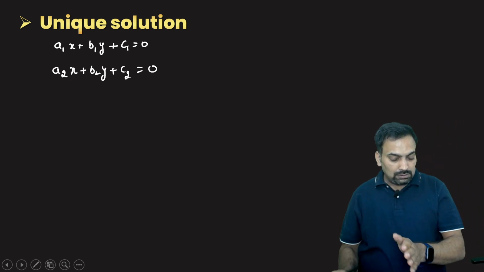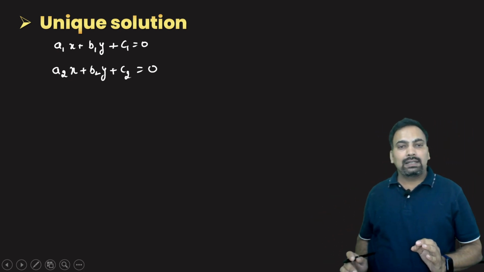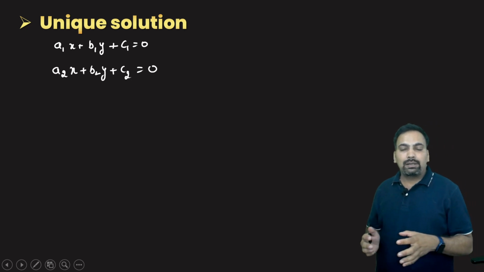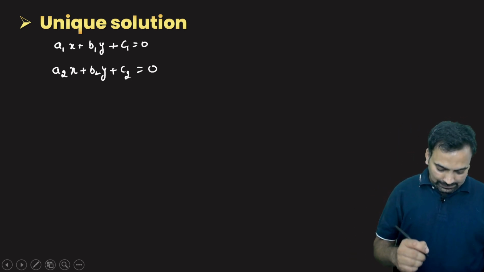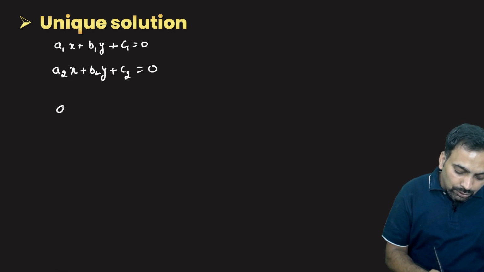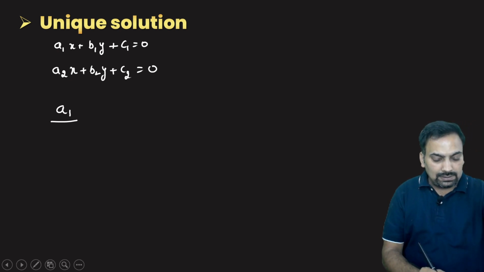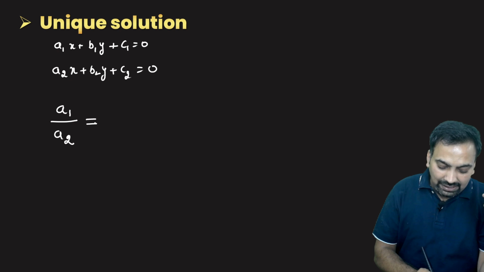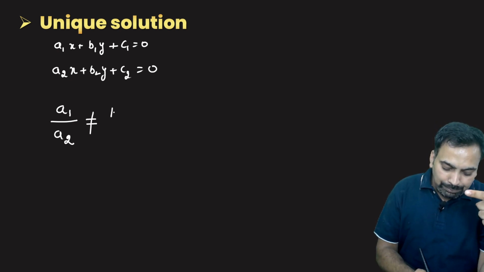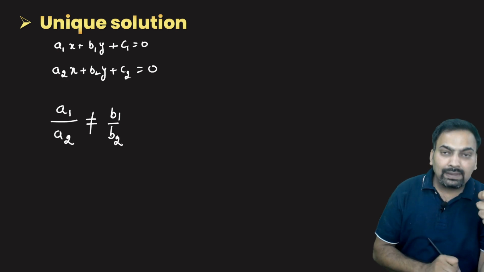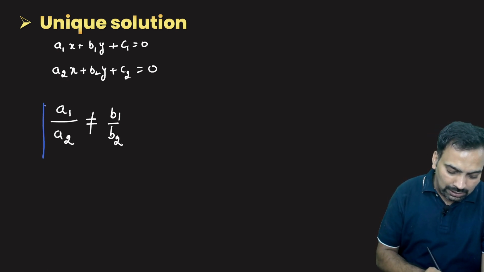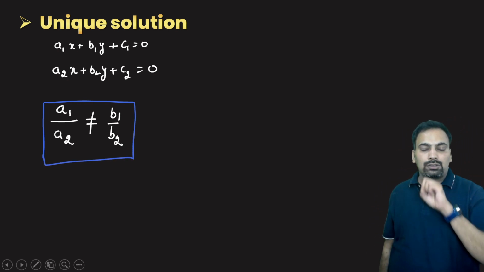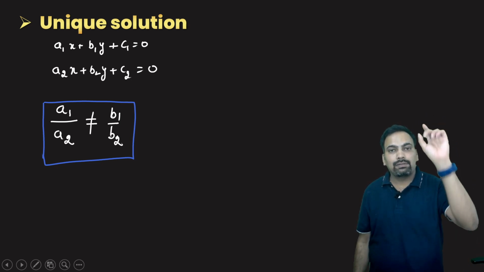So first of all, you have to shift all the things either to LHS or RHS. Means you have to bring all constant or variable parts to one side. Then you have to write the ratio: a1 from the first equation, a2 from the second equation. If it is not equal to b1 upon b2, then this system has a unique solution. Unique solution means one solution, one value of x and one value of y.